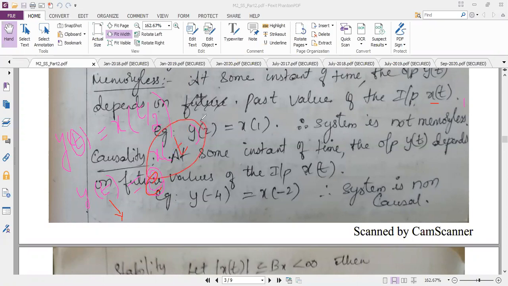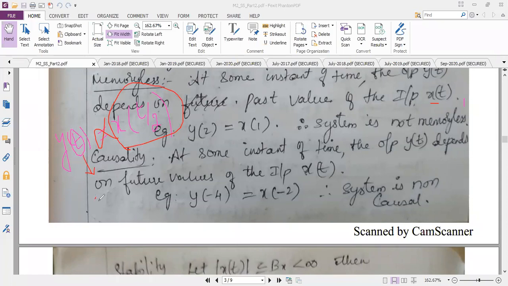Only the present value means the system is not having memory. So here I am not substituting the value for t because I don't know how to calculate e power x of 2 or e power x of 3. That type of problems, based upon the bracket value, you can predict directly whether it is memory or memoryless. But if your output is directly related to x, then I have to substitute the value for t, then I have to come to the conclusion.